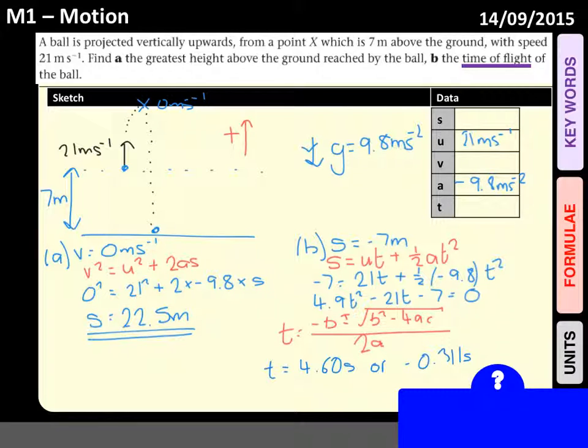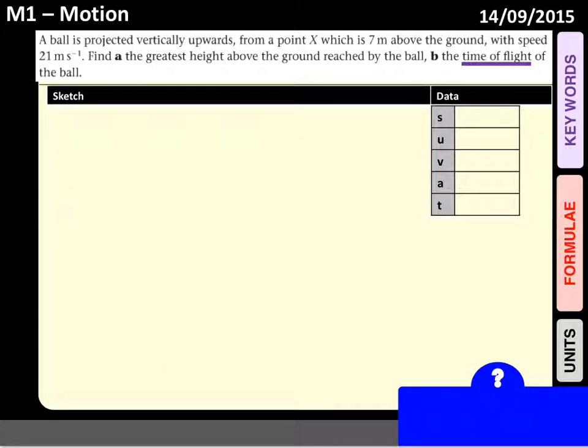Looking at that, we know that we can immediately discount anything which is a negative time, but thinking about it, that time has come from assuming that the particle was released from the ground level rather than where it was at point x. So we know we can definitely ignore that one, so we can put a nice line through it, but it's good to show that you have considered that route, and therefore our total time, the time of flight of the ball, is 4.60 seconds.